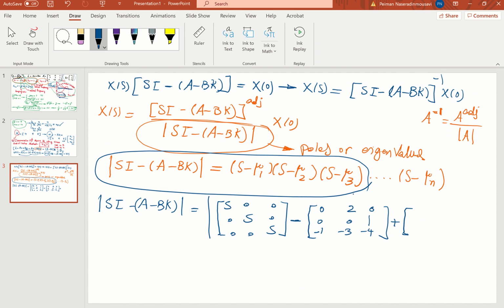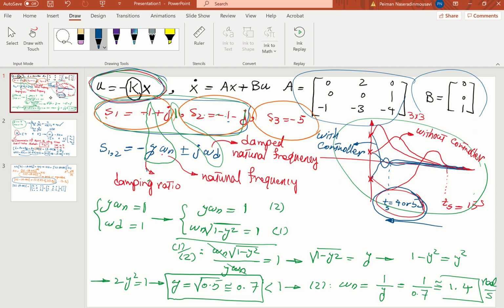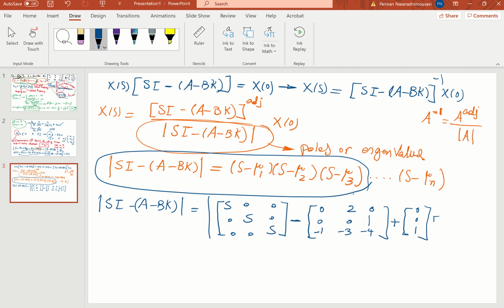Your b is this: 0, 0, 1. This is not magic, guys. This is the given information of the problem. And k is k1, k2, k3.